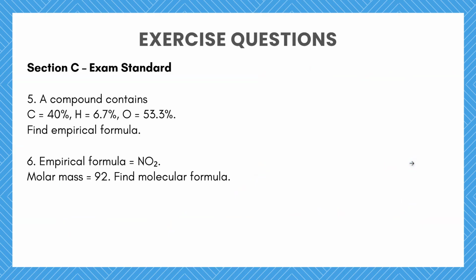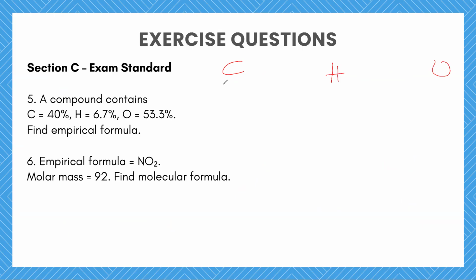And then finally, we have this set of questions that says a compound contains 40% carbon, 6.7% hydrogen, and 53.3% oxygen. Find the empirical formula. So the first thing to do would be to write the elements out, C, H, and O. The second thing would be to write down the percentages or the masses.